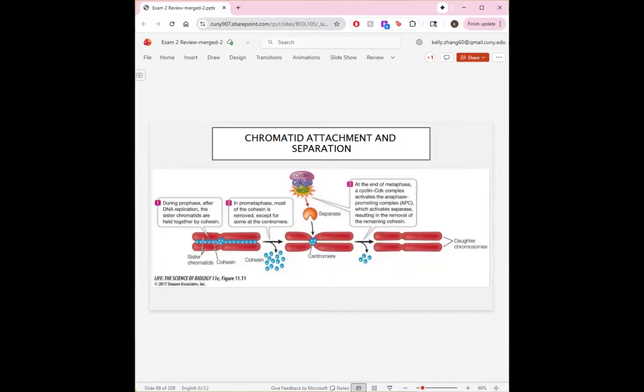So for chromatid attachment and separation at the end of metaphase, the cyclin-CDK complex activates the anaphase promoting complex, APC, which activates separase, which then hydrolyzes cohesin. So separase is an enzyme that degrades cohesin only when all chromosomes are aligned during metaphase.